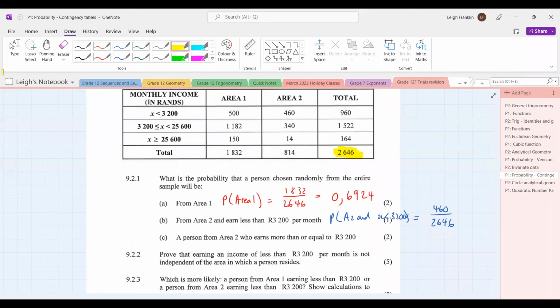All right, and then the third question. A person from area 2 who earns more than or equal to 3,200 Rand a month. So now what are we going to do here for part C? Let's choose a different color. Let's see what you guys are saying.